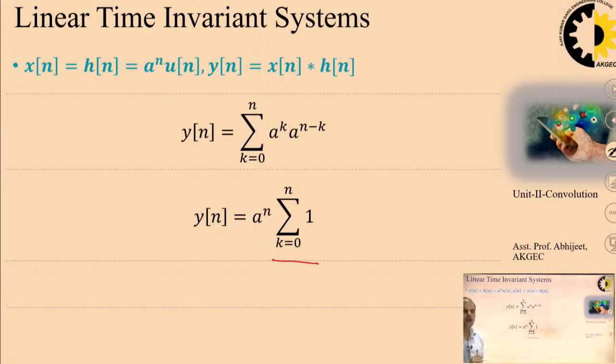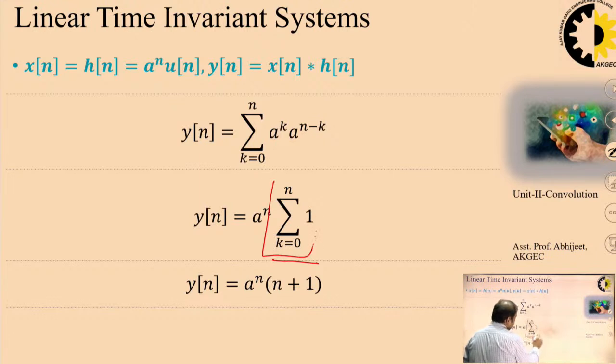If we are adding 1 from 0 to n, we are actually adding it n plus 1 times, because 0 is also counted, and therefore the output is y of n equal to a raised to the power n plus 1. Remember, this summation is of course a finite summation, so it will converge.